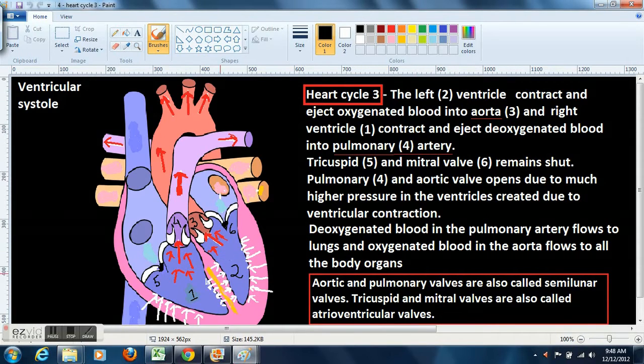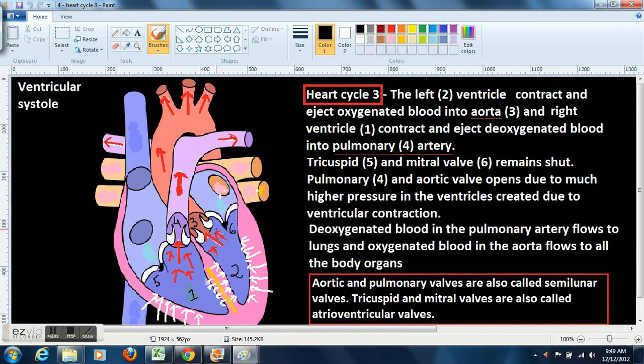The left ventricle, which is chamber 2, contracts and will eject oxygenated blood into the aorta, which I have marked with 3, and the right ventricle will eject deoxygenated blood into the pulmonary artery. Pulmonary artery I marked with 4, and I have shown the flow of blood with a red arrow.